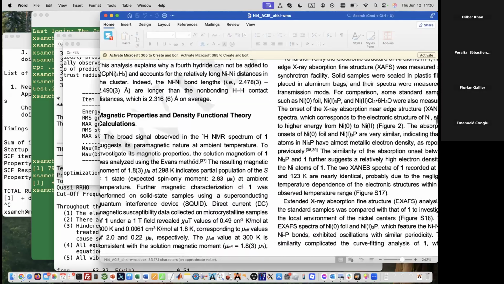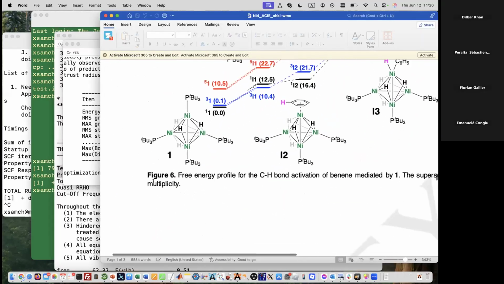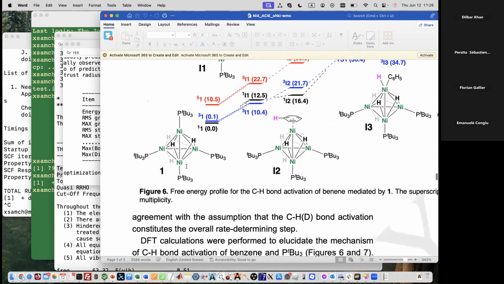You can see this has so many atoms. The tertiary butyl groups in this molecular system are a bit far away from the nickel center. So you can simply apply a relatively smaller basis set for the tertiary butyl group and a relatively large basis set for the phosphorus atom that interacts directly with the nickel.